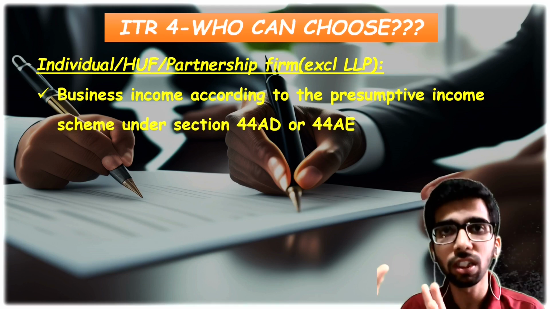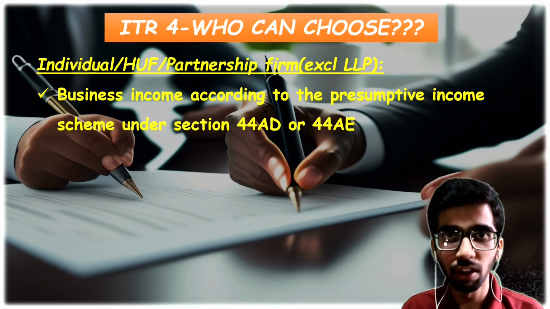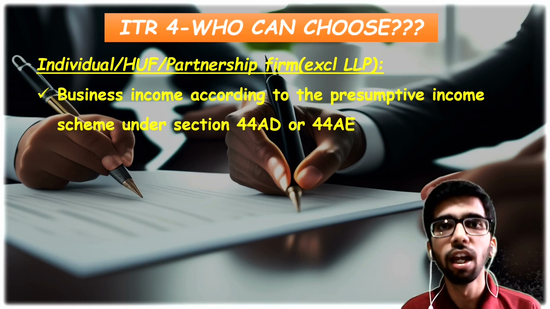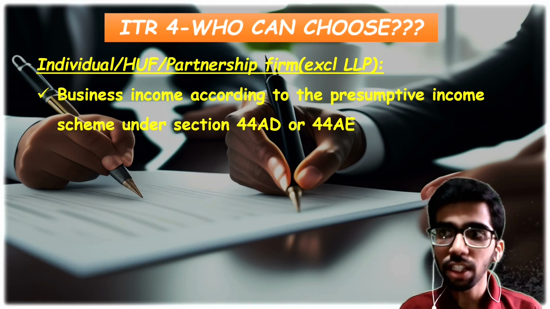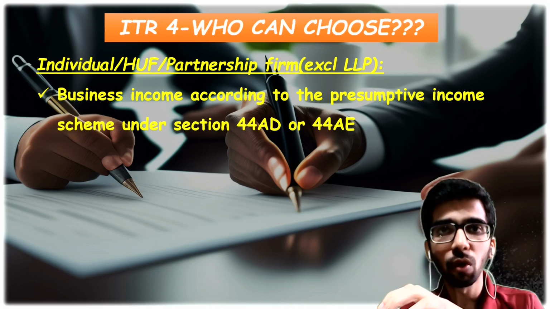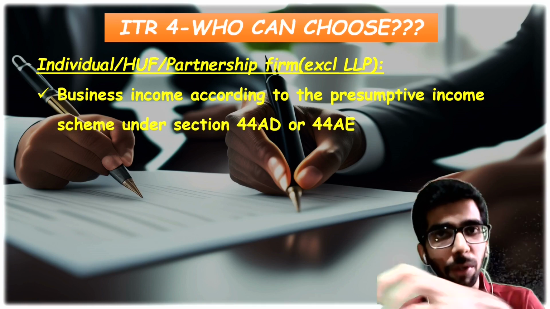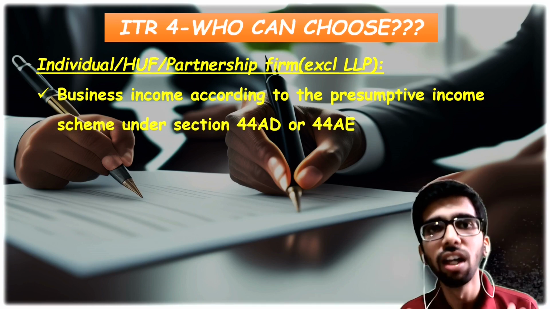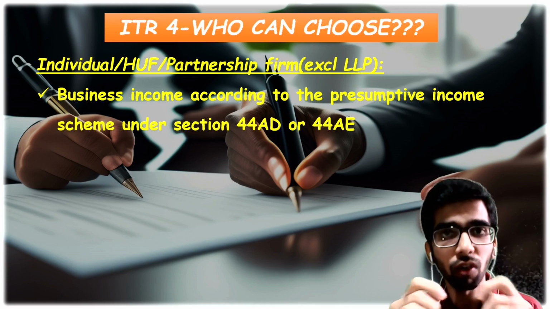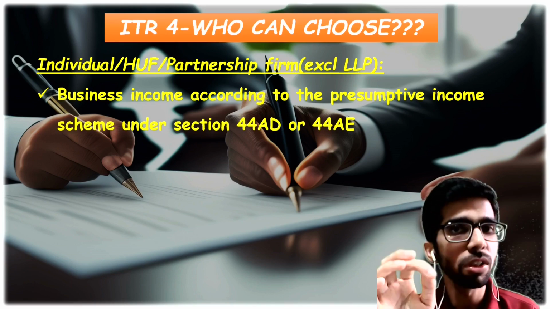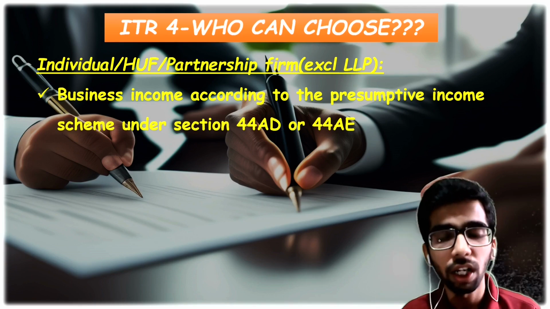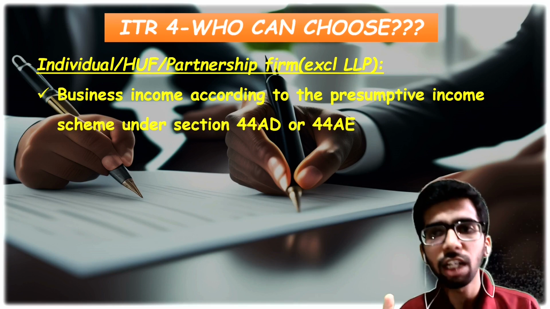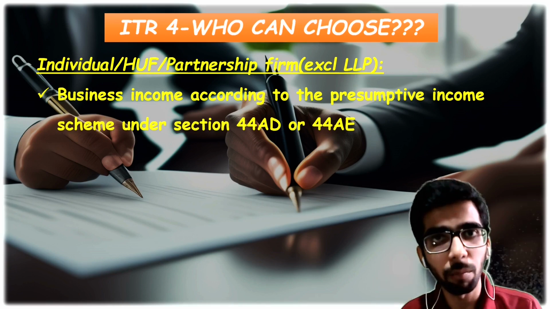In detail, I will discuss this in the upcoming videos. But for the time being, the turnover is up to 2 crore. They have to disclose income of 8% or 6% of the turnover. For example, if your business turnover is 1.5 crore, 8% of that will come to 12 lakh.